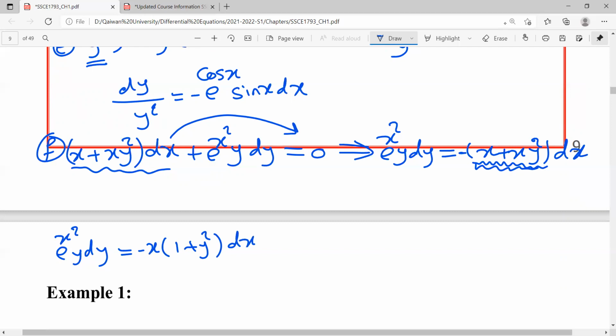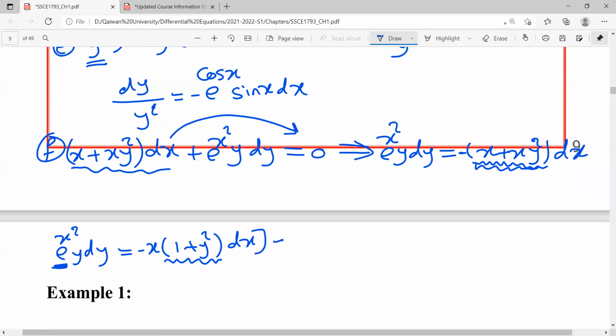And now we can separate the variables. How? We divide both sides by e to the power x squared and by 1 plus y squared.